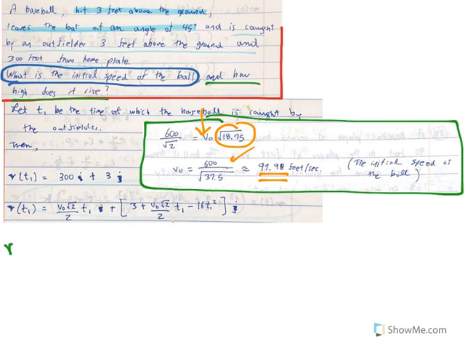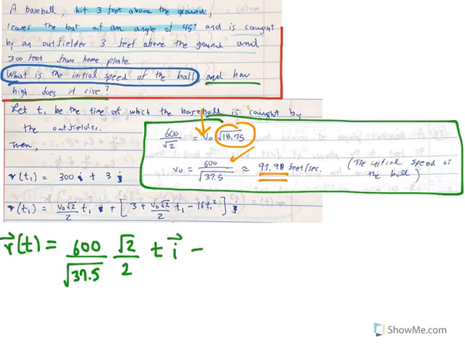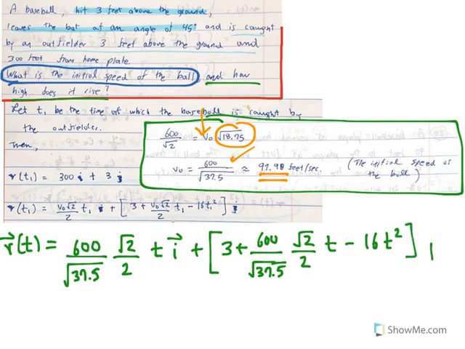So let's go ahead and write our position vector. We're going to write r of t is equal to v naught, so that's 600 divided by the square root of 37.5 times the square root of 2 over 2 t i, plus 3 plus v naught, which is 600 over the square root of 37.5 times the square root of 2 over 2 t, minus 16 t squared j.